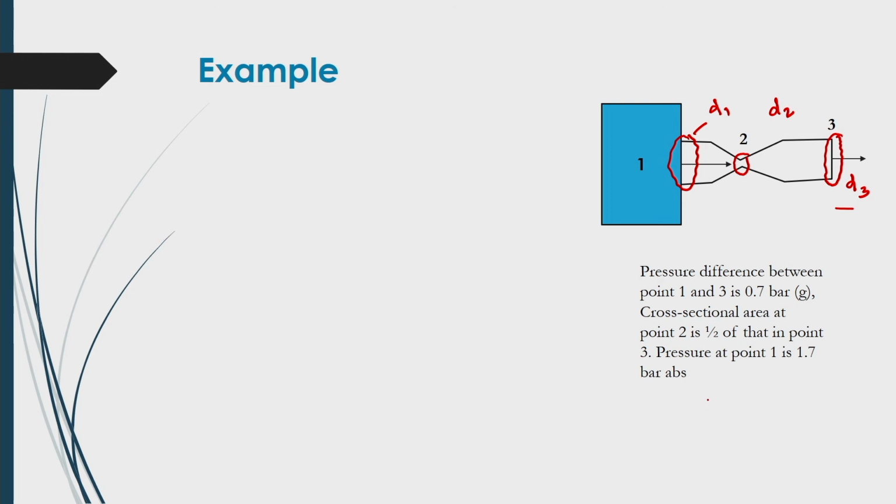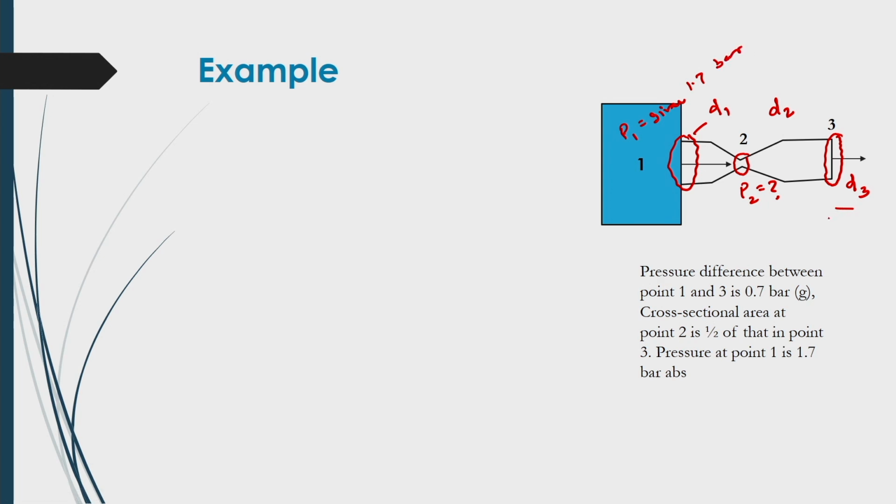Pressure at point 1 is 1.7 bar absolute. So, according to this problem, you have to find out what should be the pressure at point 2. Pressure at point 1 is given here, that is 1.7 bar.